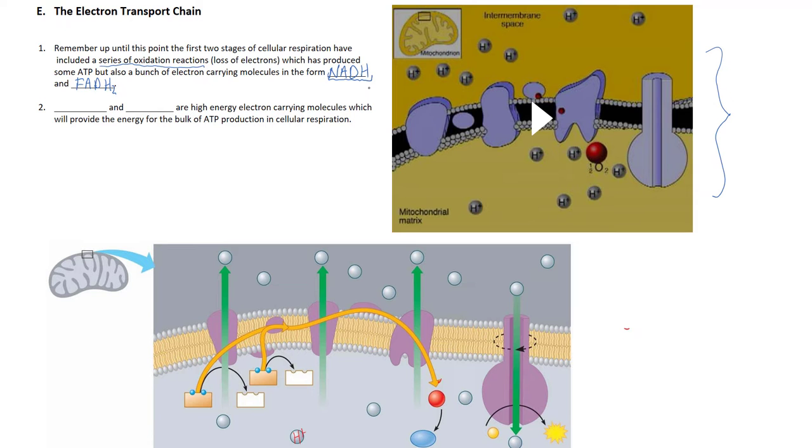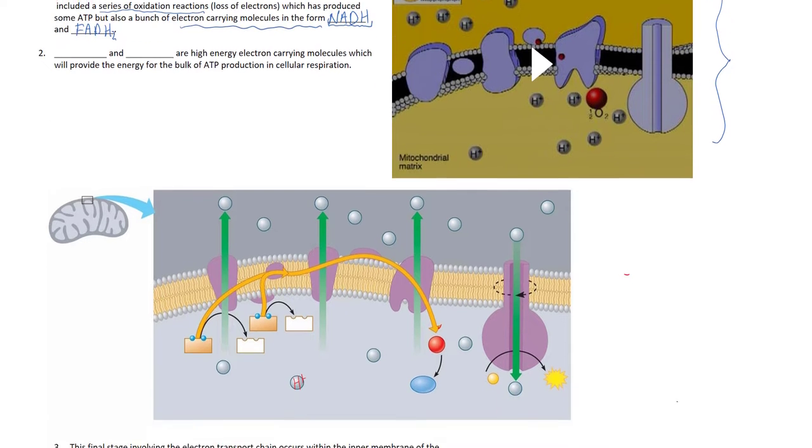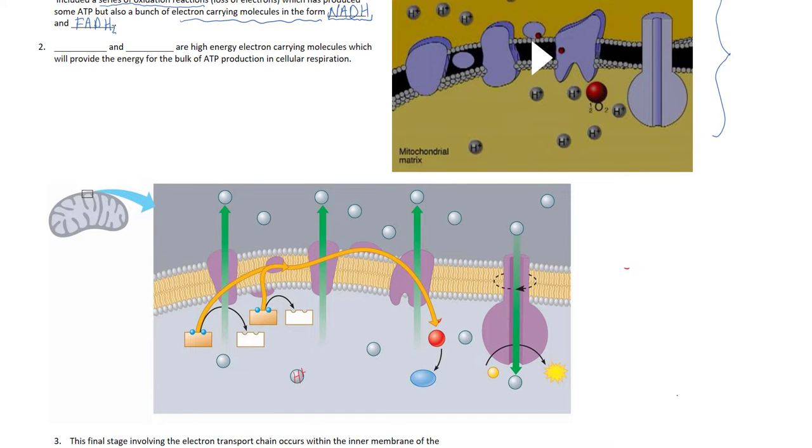Just keep in mind that these are our electron-carrying molecules that now enter into the final stage, the electron transport chain. So we've got NADH and FADH2, the high energy electron carrying molecules which are going to provide the energy for the bulk of ATP production in cellular respiration.